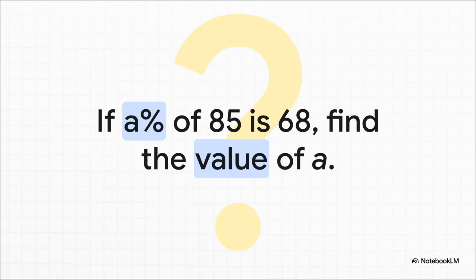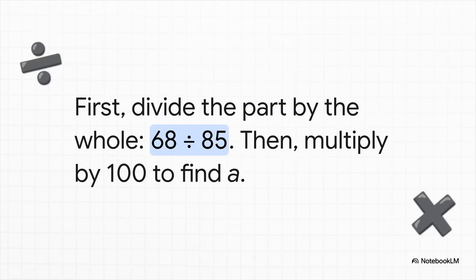All right, ready to flip this on its head? Let's try a different angle. This time, we know the whole number, it's 85, and we know the part, which is 68. What we need to find is the unknown percentage, a. So to solve for a, we just have to rearrange that core formula a little bit. First, we need to figure out the relationship between the part and the whole.